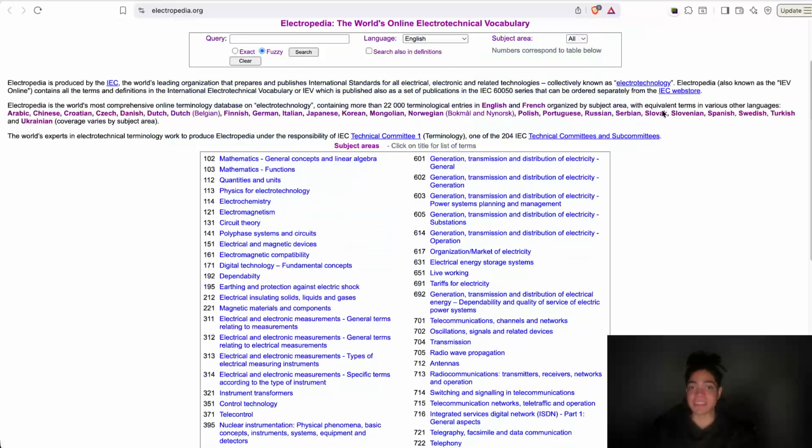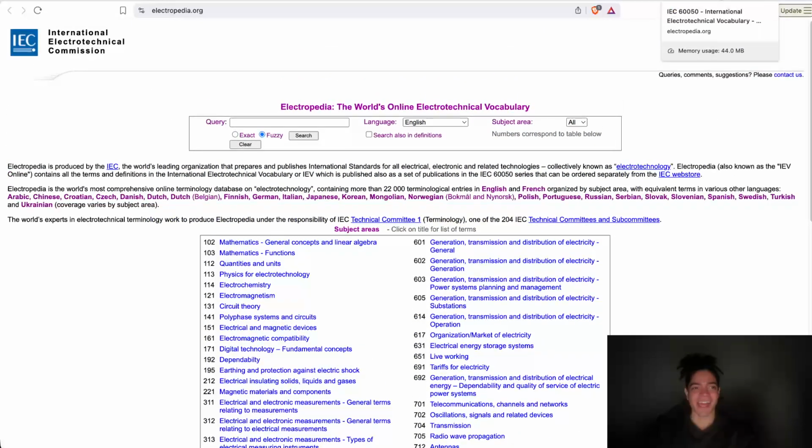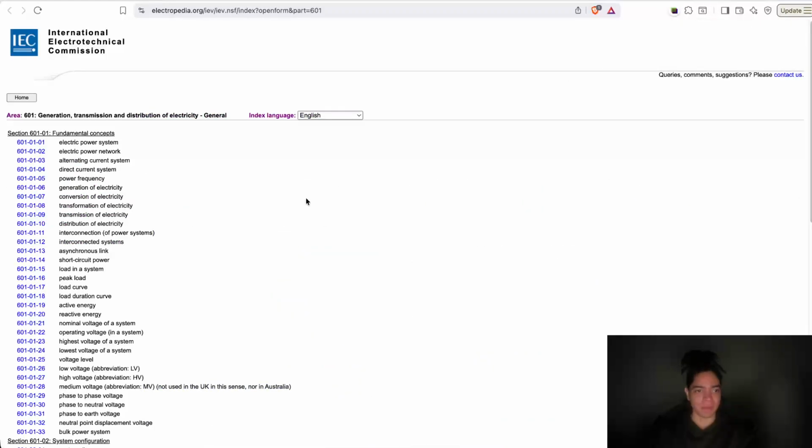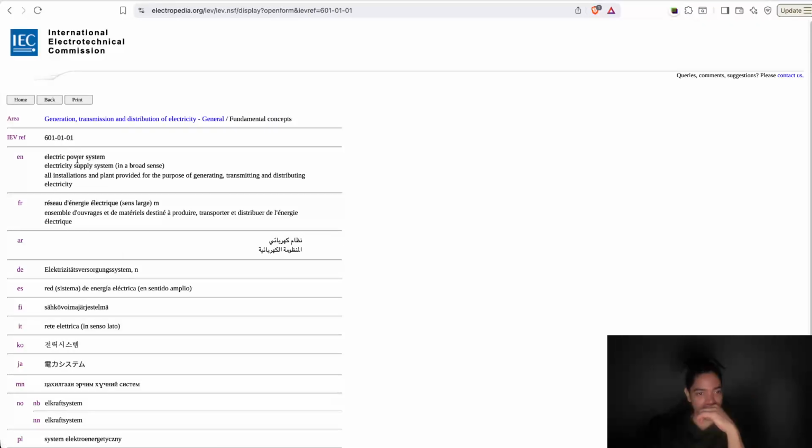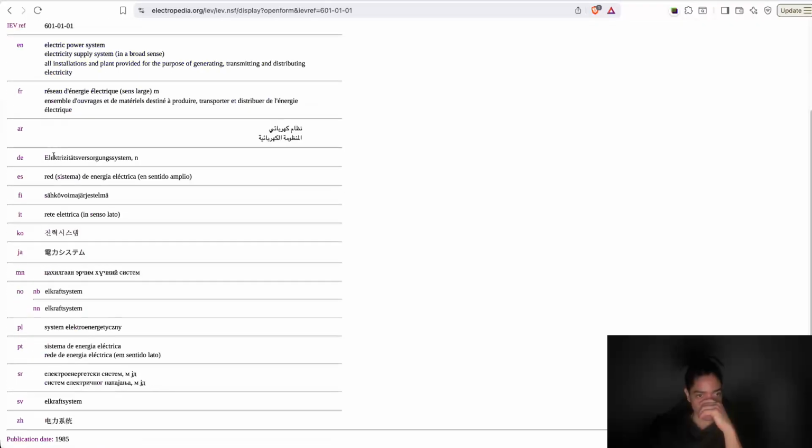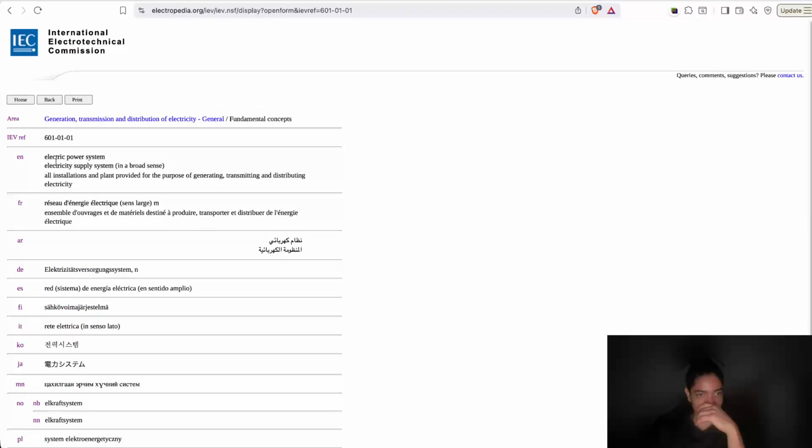Okay, this is my bad. Electrotechnical vocabulary, bro. This is on the generation, transmission, and distribution of electricity here. So if you go down the rabbit hole, you get this. It's like describing concepts here.